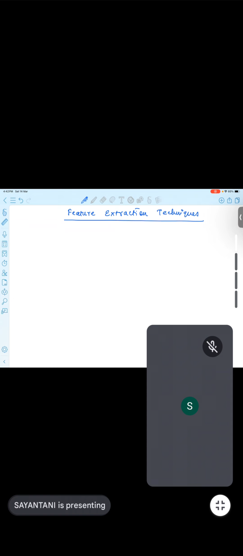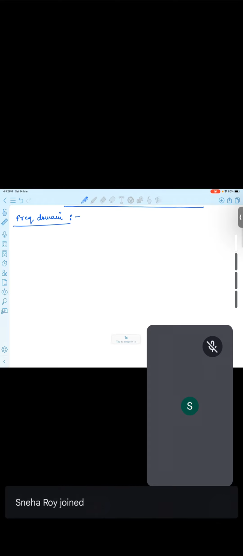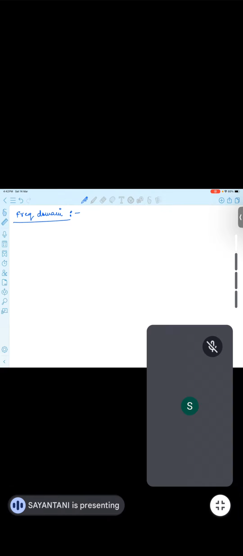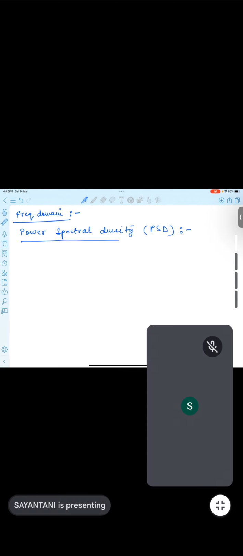So in the frequency domain only we are going to continue. The last frequency domain based feature which we are going to discuss today is power spectral density, abbreviated as PSD.